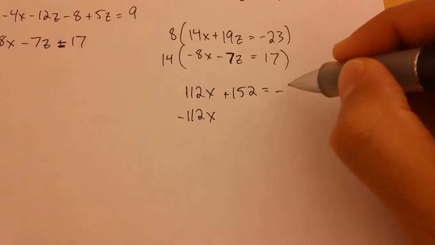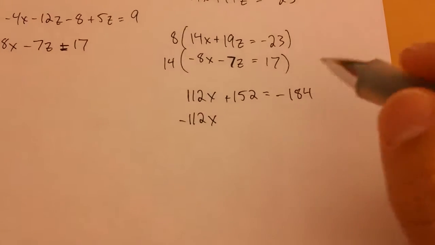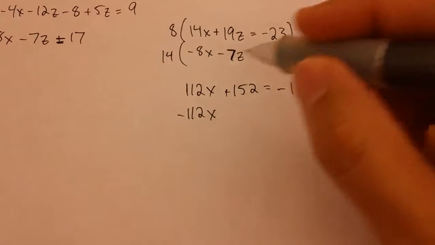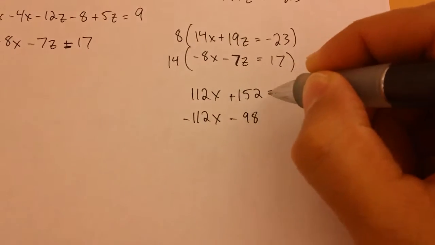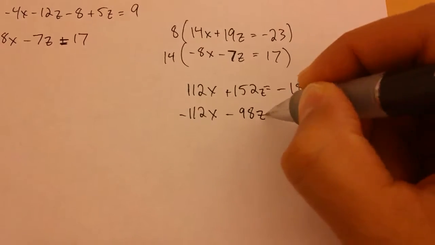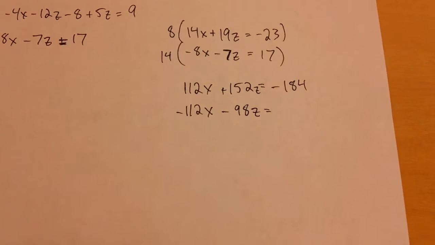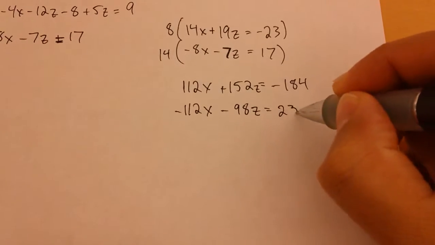Yep, so negative 184, and then 14 times 7 gives us a minus 98z. And then 14 times 17 is 238.